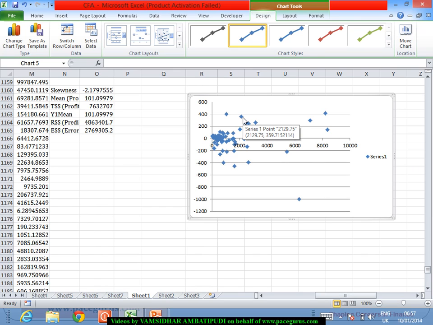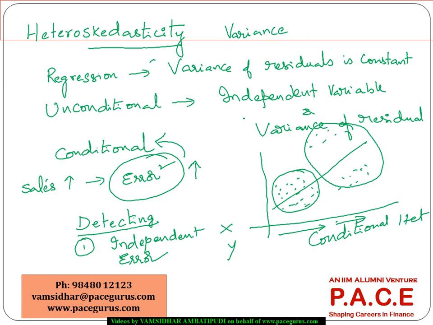Whereas the other way which people look at the presence of conditional heteroskedasticity is through a mechanism called the Breusch-Pagan test. So this is a statistical way of detecting whether conditional heteroskedasticity is present or not.